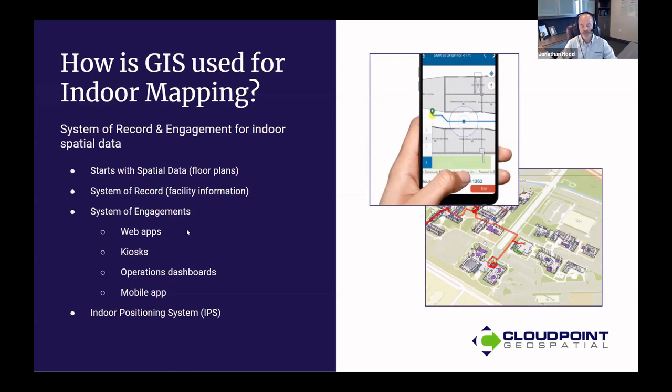Maybe folks have a database of facility work orders. And then the system of engagement for what we're talking about here would be our web apps, kiosks, which I'll show you, ops dashboard, which we're not going to look at today but is another way to engage, as well as the Indoors mobile app. And then we'll briefly touch on indoor positioning systems.